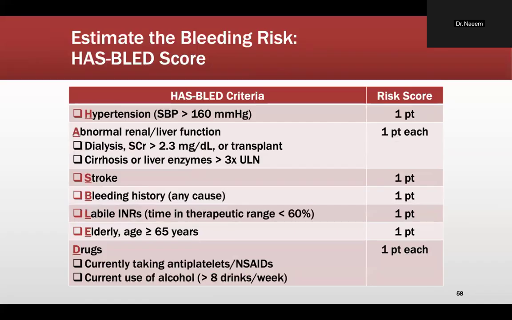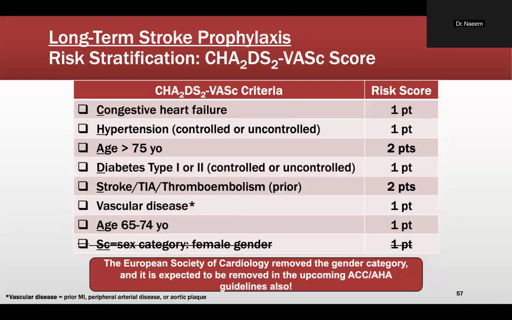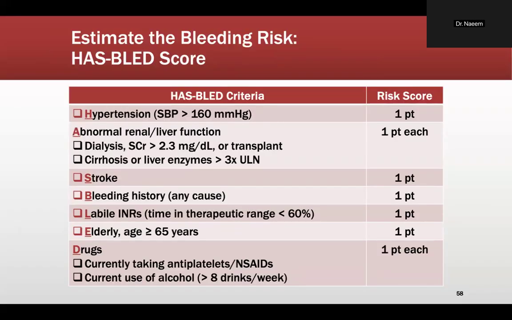The HAS-BLED score estimates the bleeding risk, and this scoring criteria is used to weigh the patient's risk for clotting, which is the CHA2DS2-VASc score, against their risk for bleeding. So sometimes we look at both, and then based on our findings, we weigh it: this patient's CHA2DS2-VASc score is high, so their clotting risk is high.